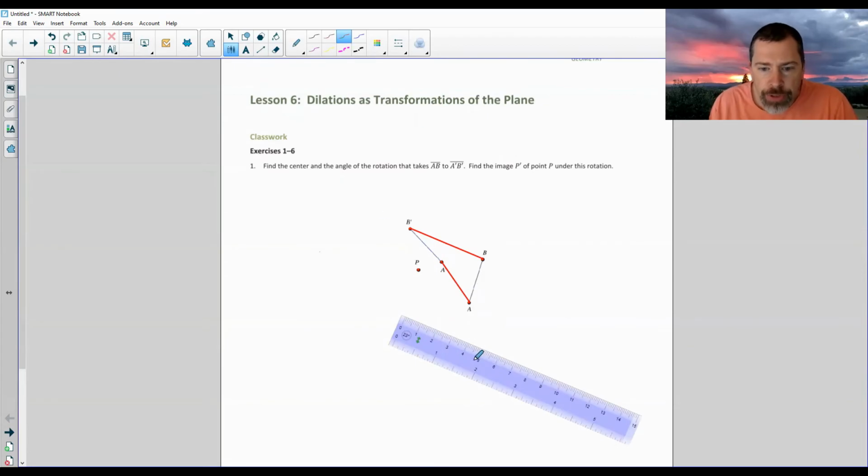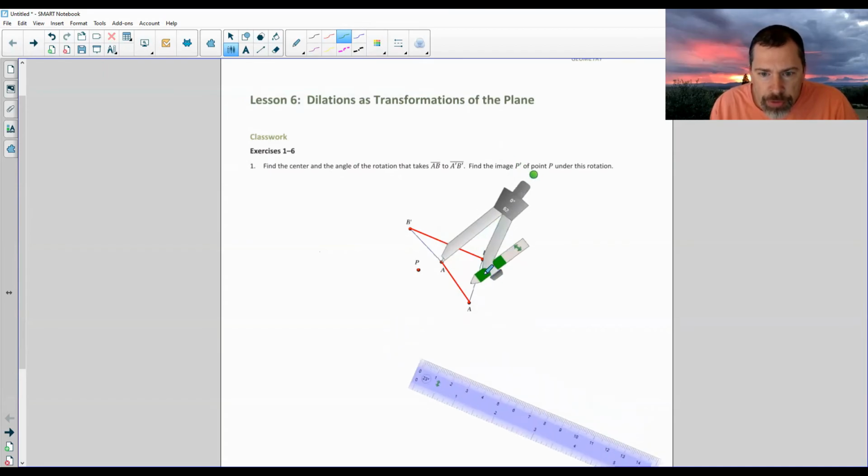Let me change to green, and I need a compass to do that. So I bring my compass down to A prime, or A, doesn't matter. I'll put it at A prime. Rotate it, open it more than halfway. Hopefully you remember how to do a perpendicular bisector.